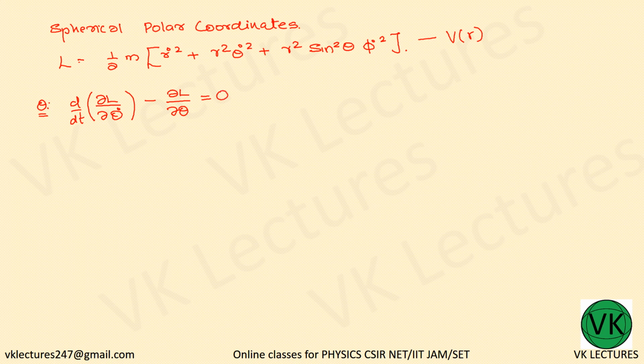Now d by dt of dou L by dou theta dot: take the theta dot here, so 2 theta dot, it is m r square theta dot, so that is d by dt of m r square theta dot. Now we have to differentiate this.